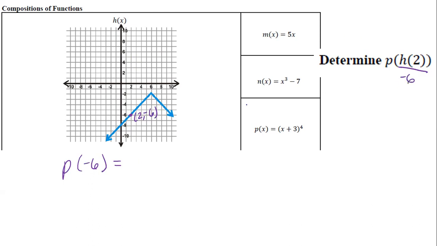And that's because H of 2 is what? -6. Okay, and now I'm going to take this and plug it into P. So that gives us -6 plus 3 to the 4th power. What is -6 plus 3? -3. Negative 3 to the fourth power means I have negative 3 times negative 3 times negative 3 times negative 3.